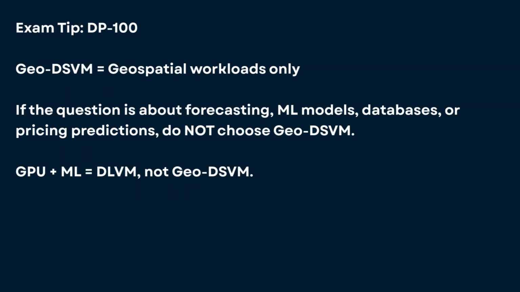Exam tip: DP-100. If the question mentions geospatial analysis, choose Geo-DSVM. If the question mentions machine learning models, forecasting, databases, and GPU processing, do not choose Geo-DSVM. GPU plus machine learning equals deep learning virtual machine.